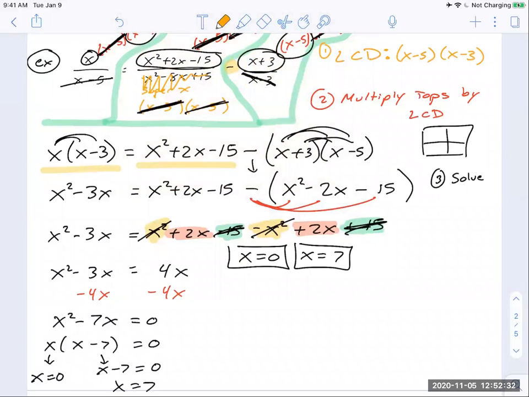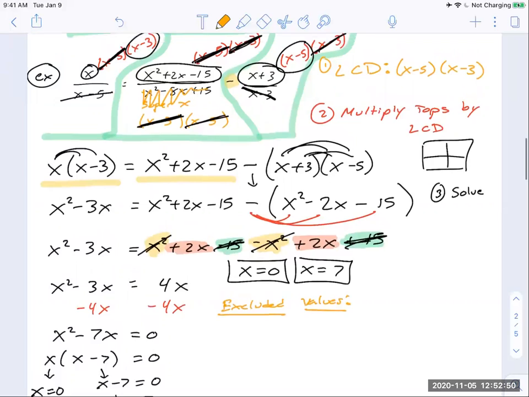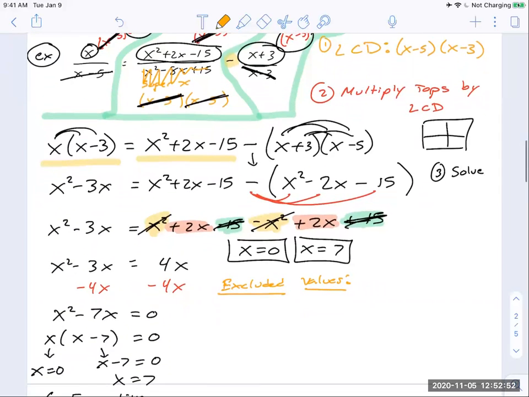Last step. It says find excluded values to solve for extraneous solutions. Okay? So excluded values. I'm going to go back to my original and I have an x minus 5 cannot equal 0. I have x squared minus 8x plus 15 can't equal 0.